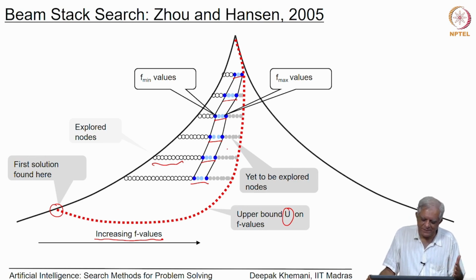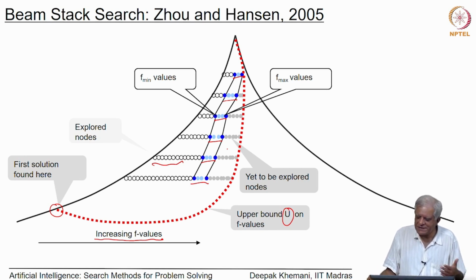So, beam stack search is like beam search in the sense that it will require space which is linear with depth, but it also has this feature that it will be systematic and complete, as the term we had used, that it will explore all the space in which a solution could possibly lie, and that space is defined to us by the upper bound that we have created.